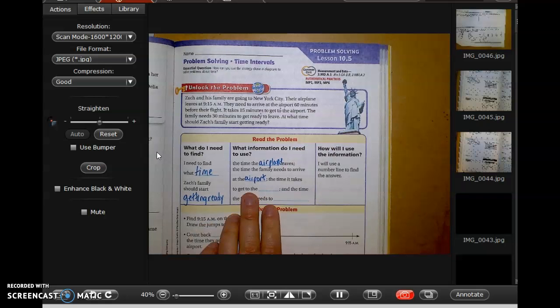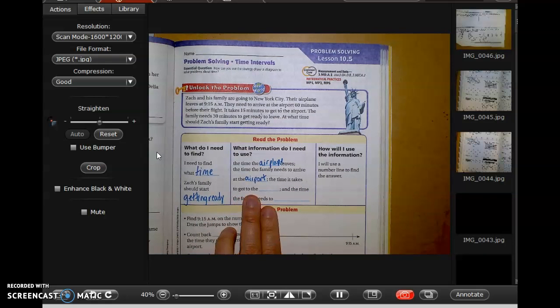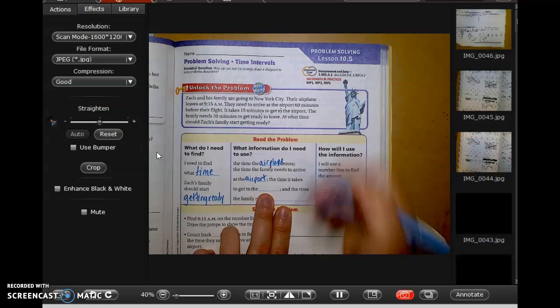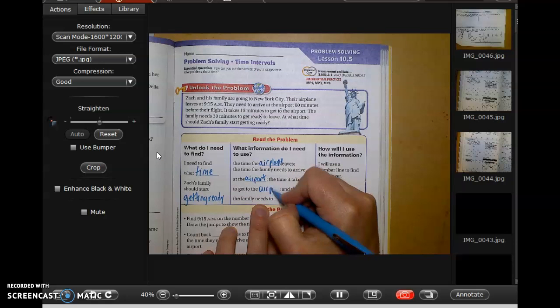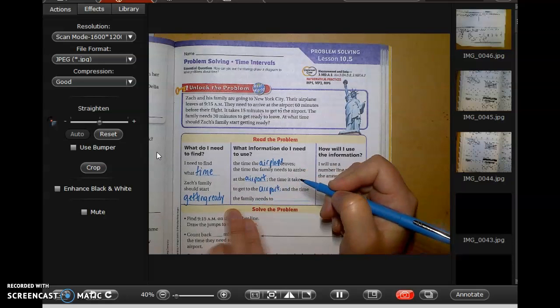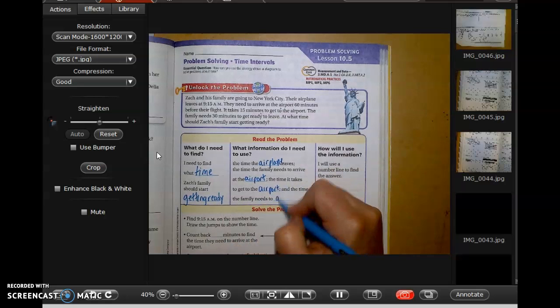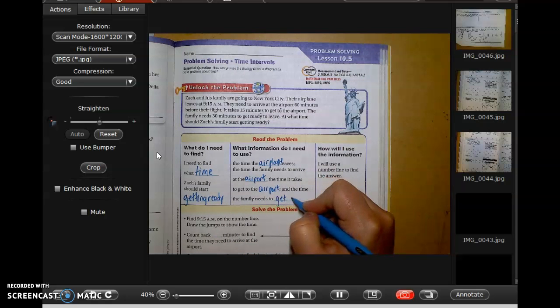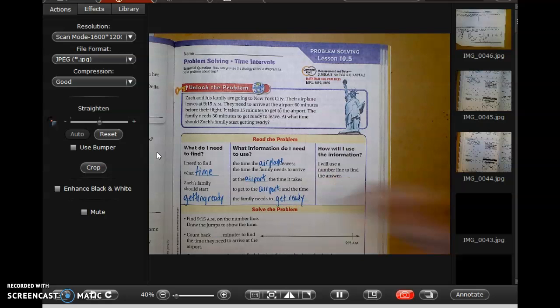They have to be there before. The time it takes to get to the airport, we got to have travel time, and the time the family needs to get ready. We don't just jump up out of bed and leave. We need time to get ready.